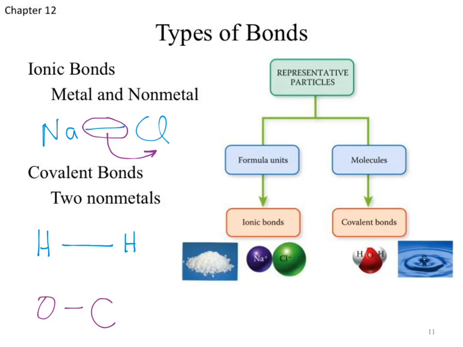Okay. Still nonmetal, nonmetal. Do we expect a large difference in electronegativity? A little bit difficult because you guys haven't looked at your tables a lot. There's a pretty big difference in electronegativity between oxygen and carbon. If there's a big difference, are those electrons going to stay evenly in between the oxygen and the carbon?